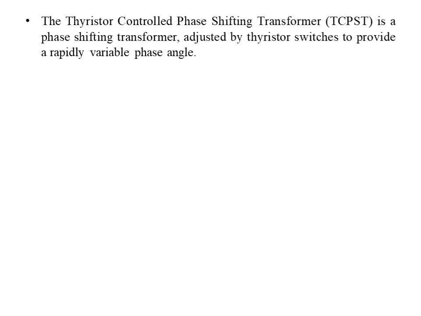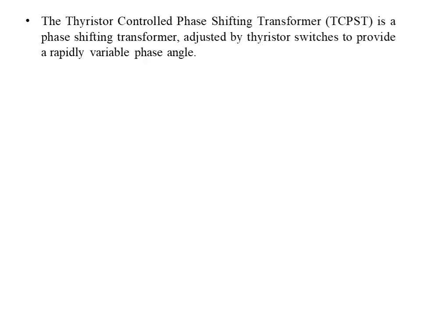Thyristor controlled phase shifting transformer (TCPST) is a phase shifting transformer adjusted by thyristor switches to provide a rapidly variable phase angle.